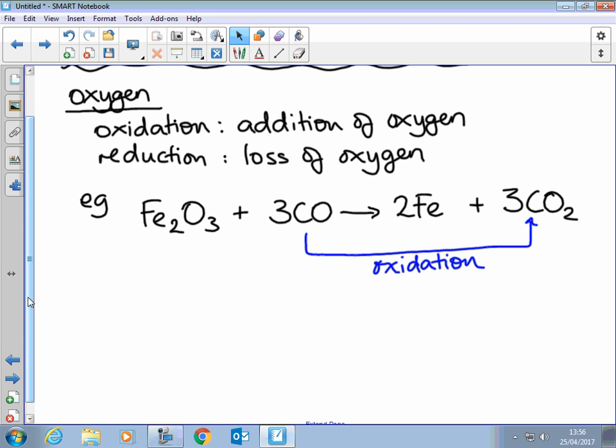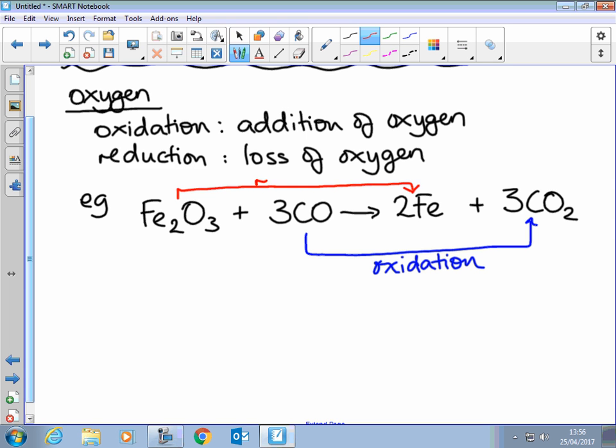What's being reduced? The iron oxide, yeah. So that is the reduction. I've chosen that one because it's specifically involving oxygen. You don't have to work out anything to do with the electrons or ions.